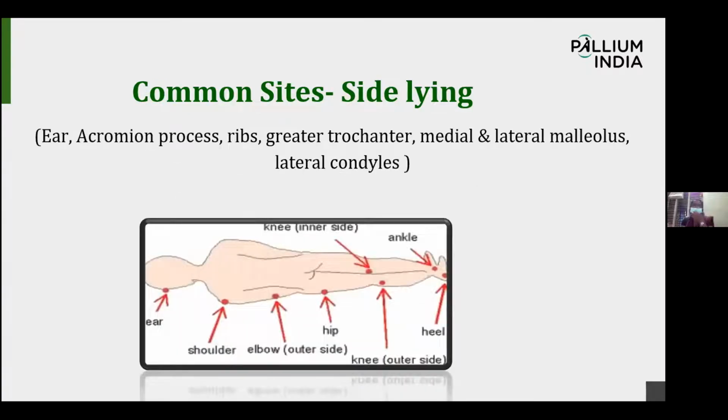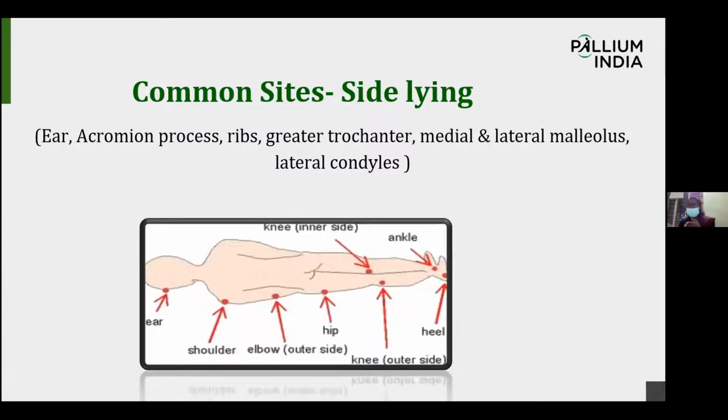If the patient is in side-lying position, the ear, acromion process, ribs, greater trochanter, and medial and lateral condyles are the major pressure points. The thing is, in side-lying position there is a chance of friction between the knees. The knees can rub together, and there is a chance of developing a pressure sore between the knees.